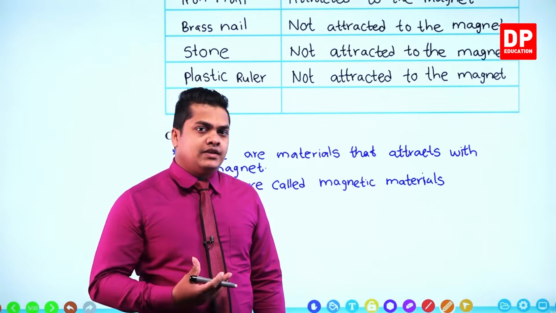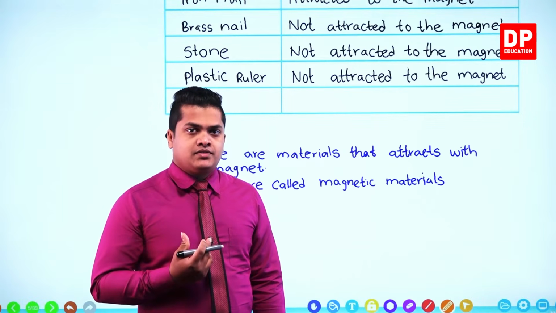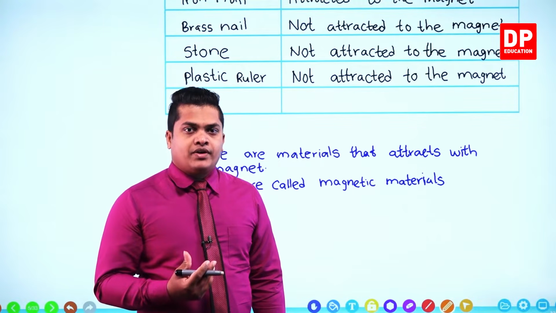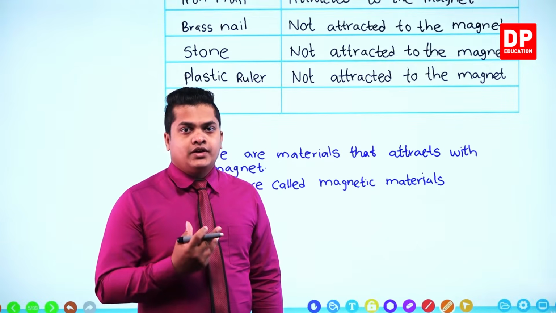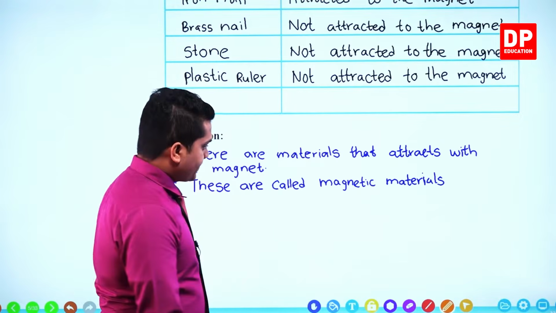It's because they have magnetic properties. That's why they are getting attracted towards a magnet.